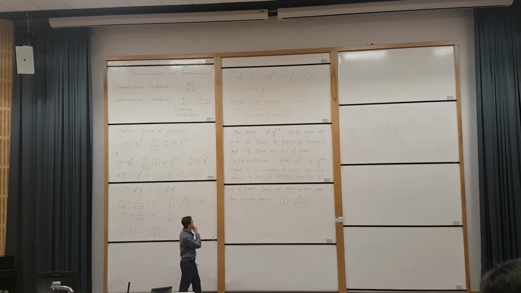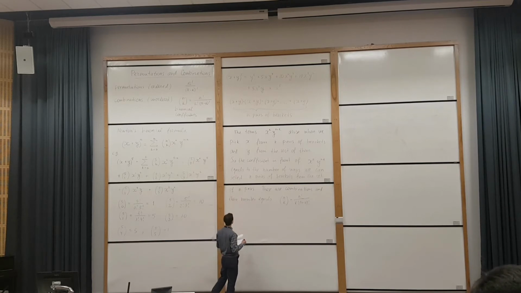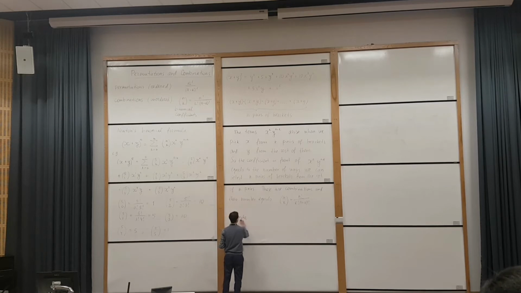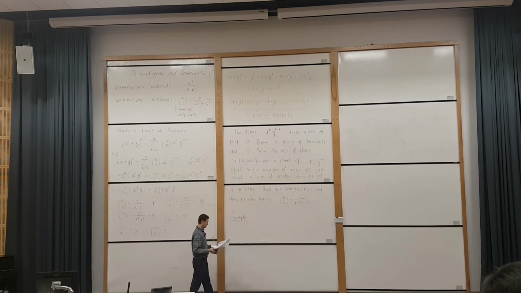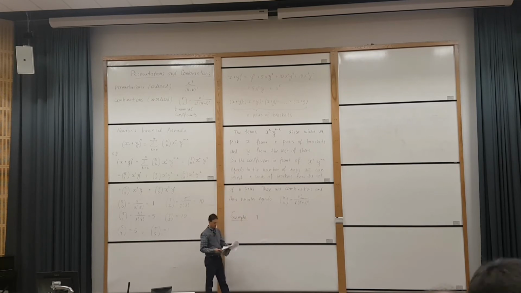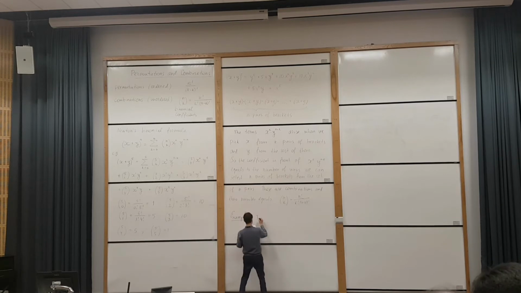All right, and let's look at some more examples in which this formula for combinations is used. So in the first example, there are 52 cards in the deck. A hand is 13 cards. How many possible different hands are there?